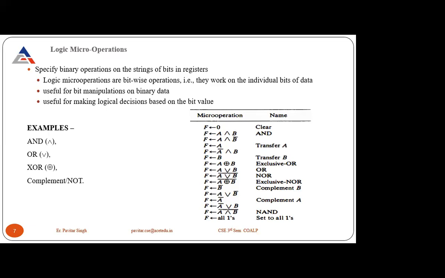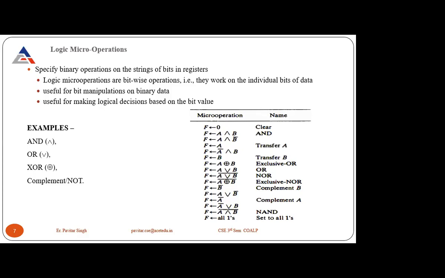On the right hand side, I have listed some micro operations which fall under the category of logic micro operations. First is clear, which means you need to clear all the bit values of your register.